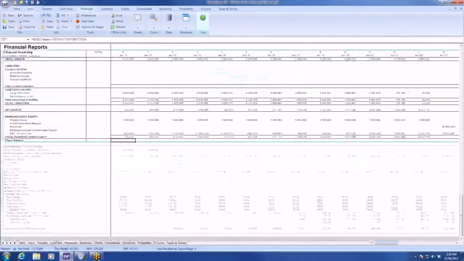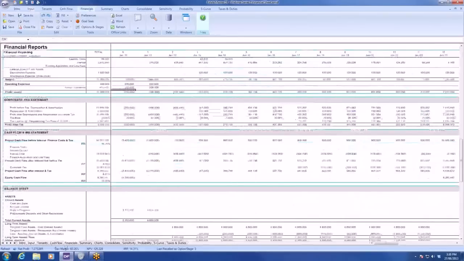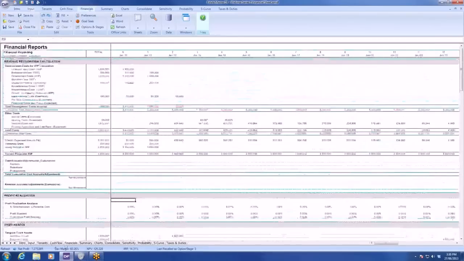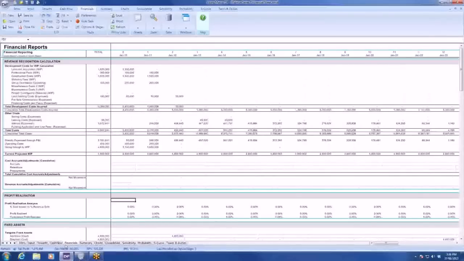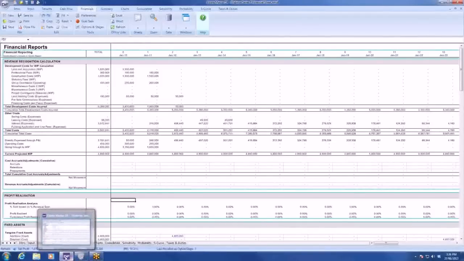The financial then takes that and, depending upon the settings that you have, works out how to do the P&L. And I guess the important thing is P&L is not the cash flow. They're two different things. They relate to the tax laws.